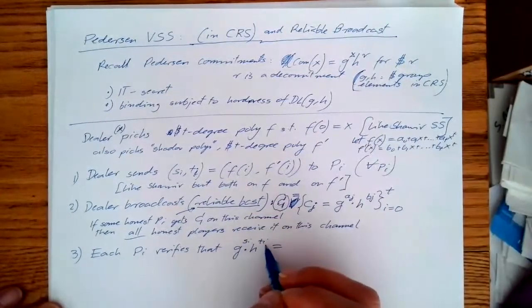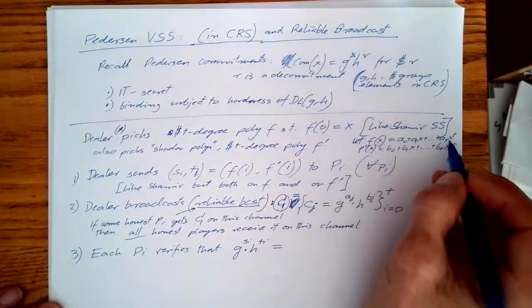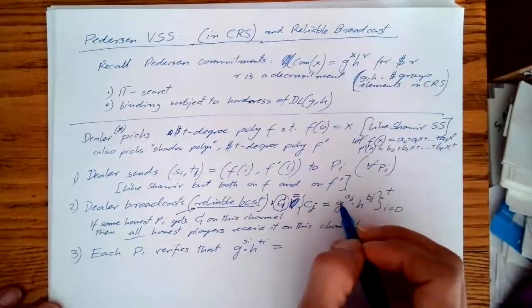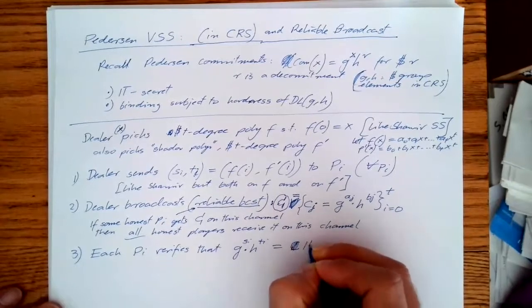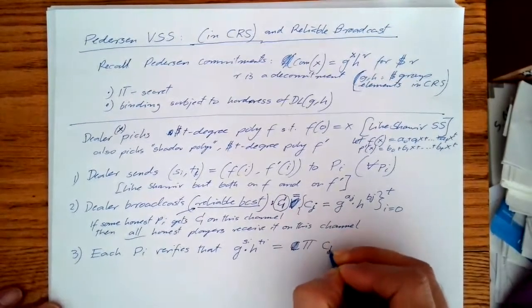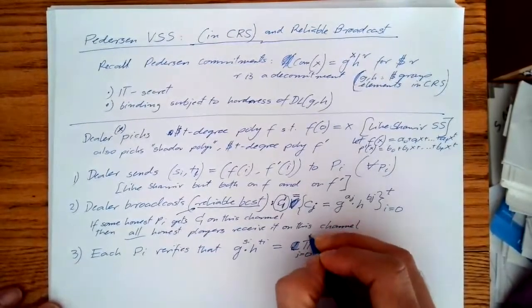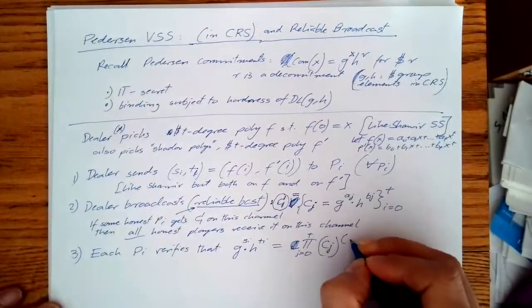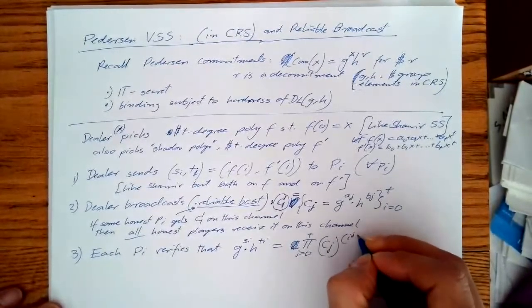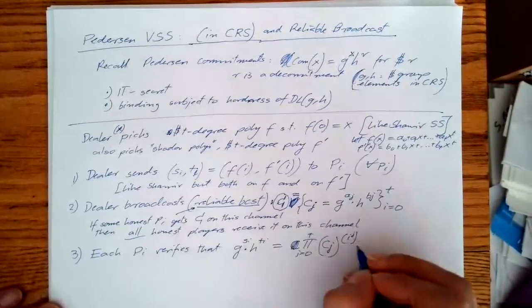Every i is a public value, so these are just factors in front of the Ajs. So I can take a product of these Cjs from j equals 0 to t and exponentiate them to i to the j, right? Why is that?